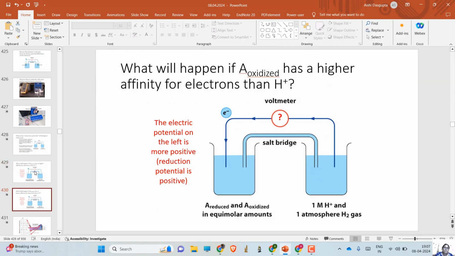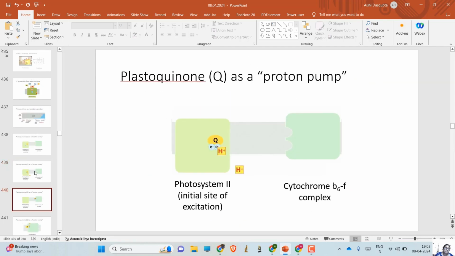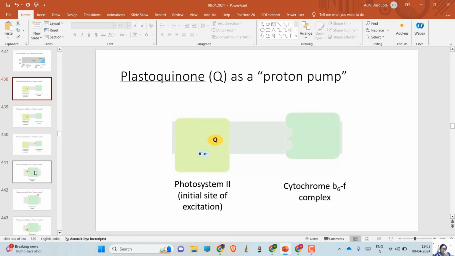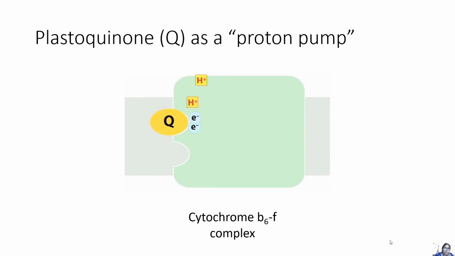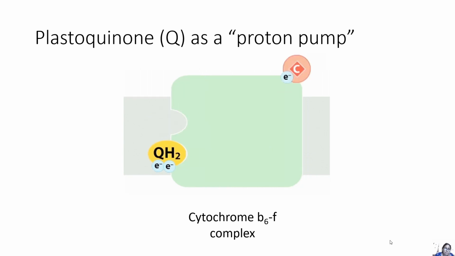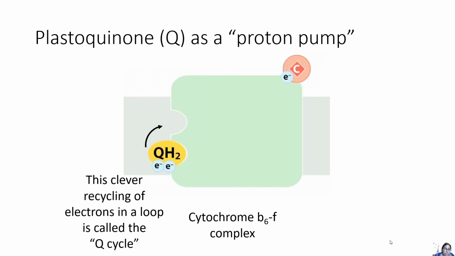Let's move on to the next question for today. So this is plastoquinone as a proton pump. Whatever we discussed today, you can think of this photosystem as the initial site of excitation. Okay, if you can see, this is basically what happens. It acts as a proton pump. This clever recycling of electrons in a loop is called the Q cycle.